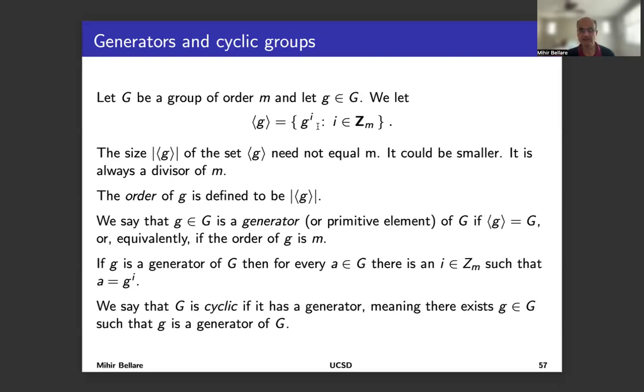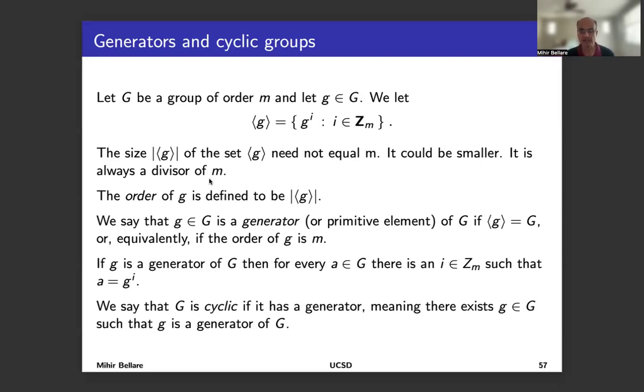Mathematicians do know some facts about this set and its order. In particular, the size or order of this set is not an arbitrary number in the range of 0 through m minus 1, but is always a divisor of the group order m. Now, we overload the word order and apply it also to group elements, and in that case, it's defined to be the size of this set.